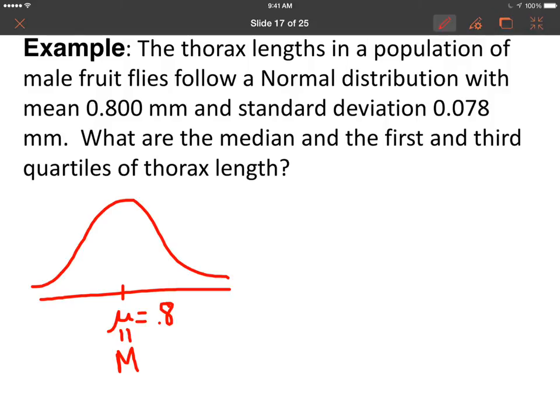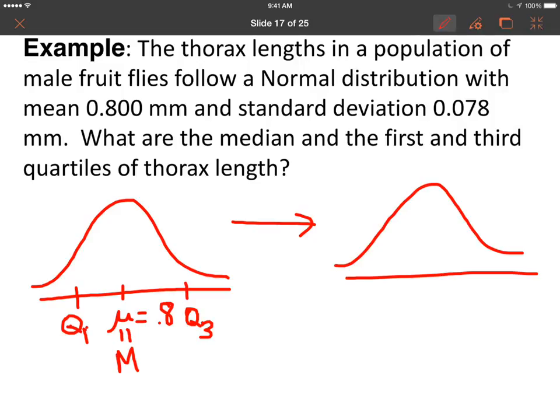Now the quartiles are a little trickier. So Q1 and Q3 are what I'm looking for. And you're going to have to do them separately. Think about the standard normal distribution. First, we're going to have to find the z-scores.